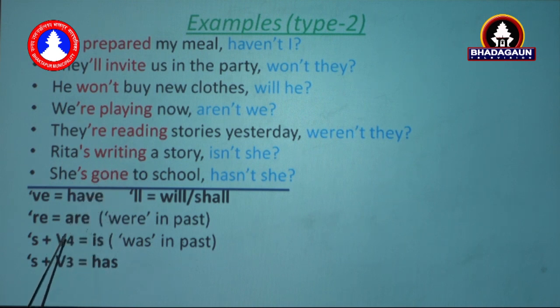If apostrophe s then verb 4 is there, that is is. If the condition is past, then that can be was. This is rarely asked. So apostrophe s then verb 3, that is has. Apostrophe s then verb 3, go, went, gone, that's why this apostrophe s is has. Apostrophe s then verb ing, verb 4, that is is. So isn't she, hasn't she. Both statements are positive. See the examples and get the idea.